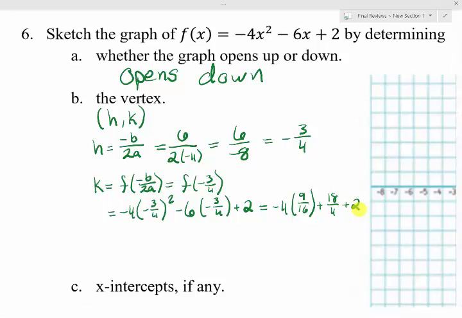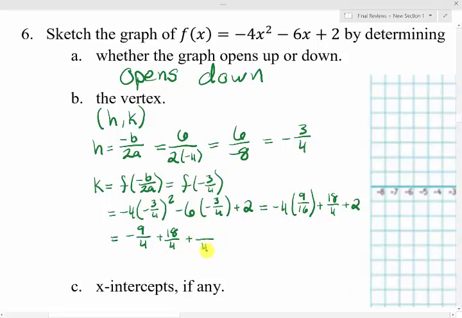Well, 9/16 times negative 4 will give me negative 9/4, because a factor of 4 will cancel out in that 16. And then I still have plus 18/4. And then since I'm going to be adding these two fractions with this whole number, I'm going to go ahead and find a common denominator. Since both of these fractions already have a denominator of 4, I'm going to keep that the same.